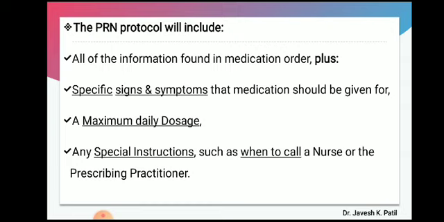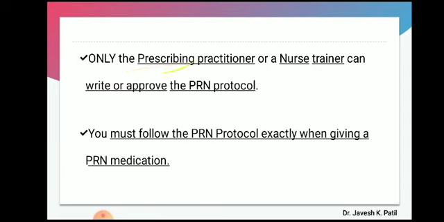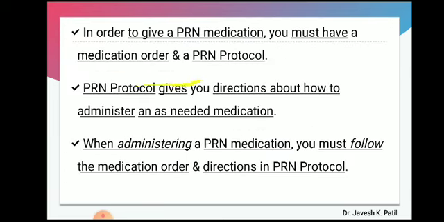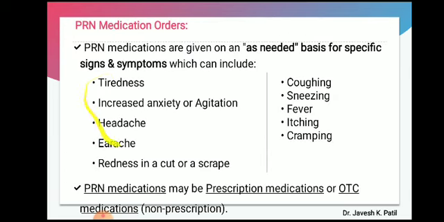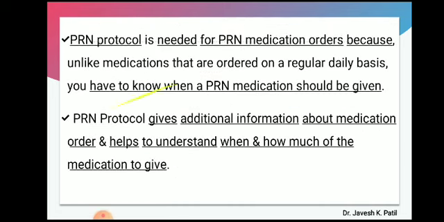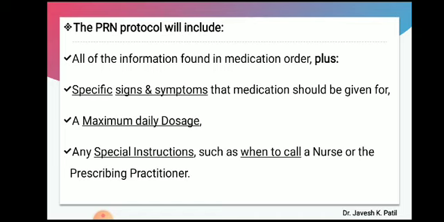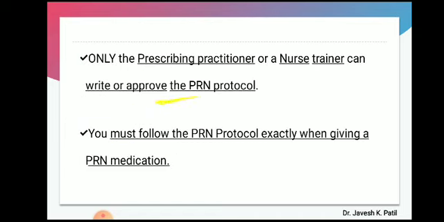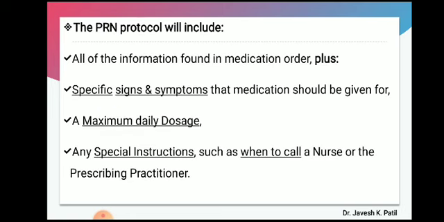So the specific sign and symptoms we have listed over here: tiredness, anxiety, headache, coughing, sneezing. Any of these if it is there, or there can be different sign symptoms, these are only examples. So if it is a PRN protocol, there should be proper inclusion of these signs and symptoms of the medication.